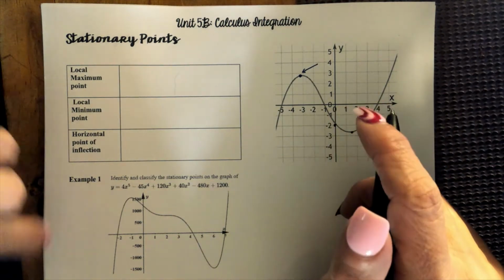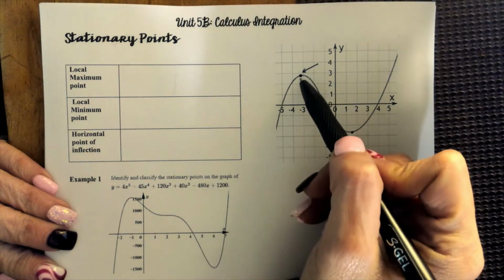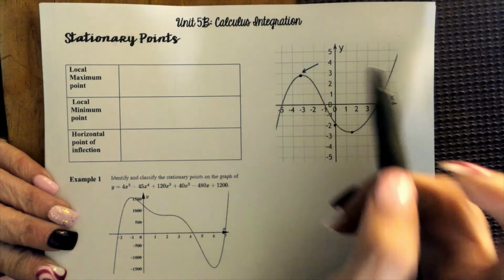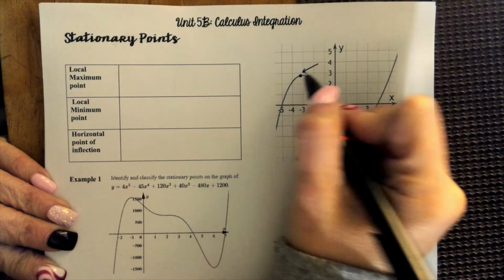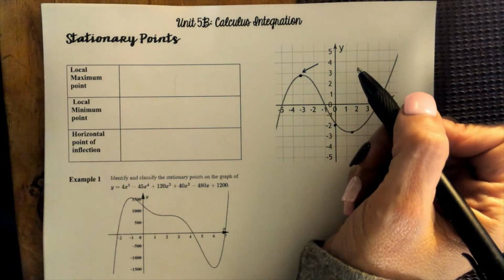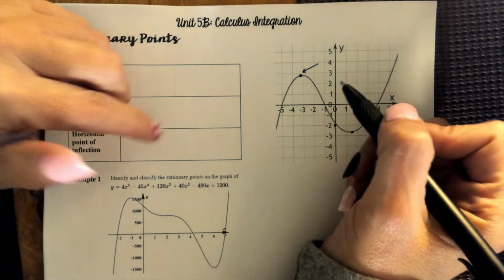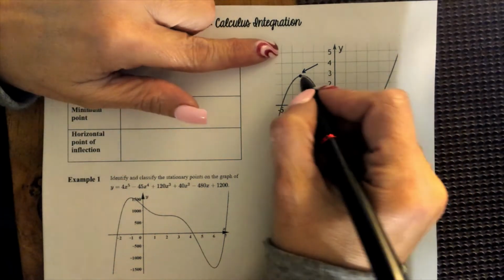But for calculus purposes, when you have a local maximum, you want to think about it like this. This is where we're always talking about tangent lines. Tangent lines have a derivative. That's the derivative. It's the slope of the tangent line.